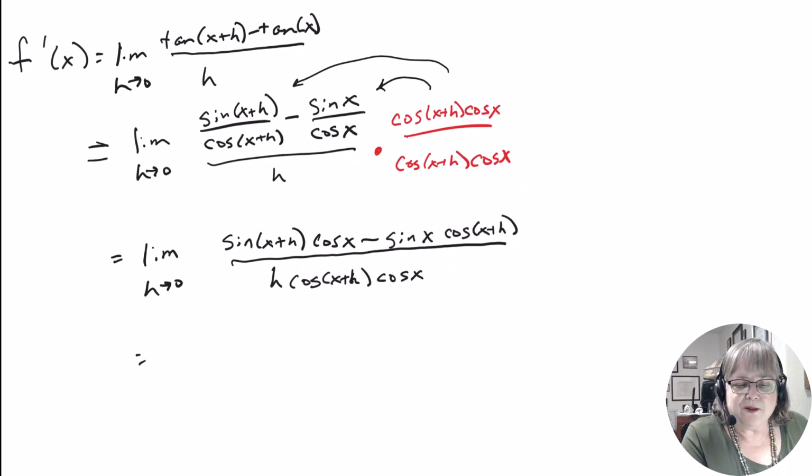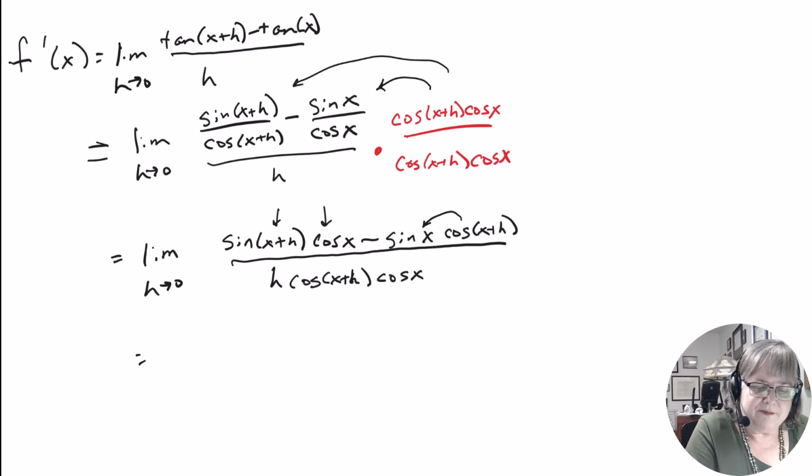Now, what we're going to do is sort of reverse the sum and difference rules that we had. Can you see that this is sine, cosine, and if you reversed these two, it'd be cosine sine. Let me write that down.